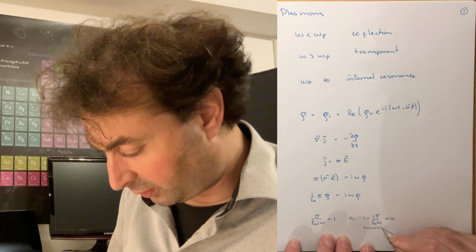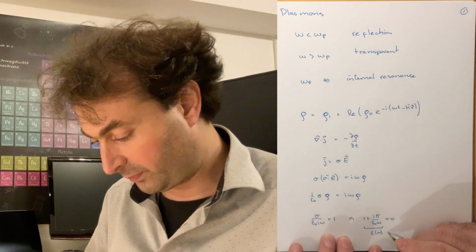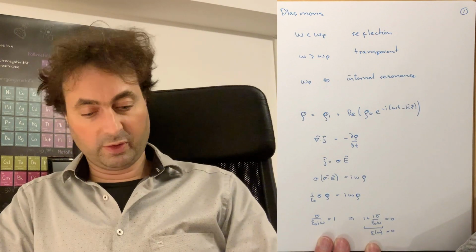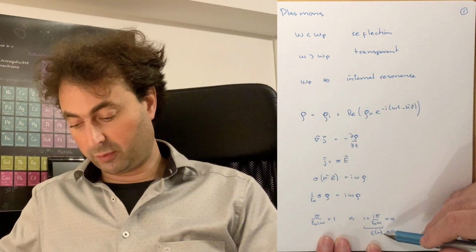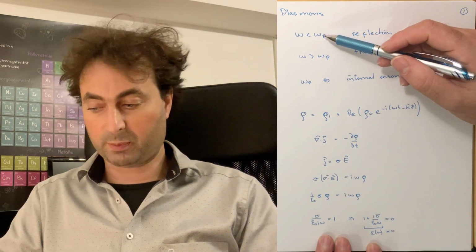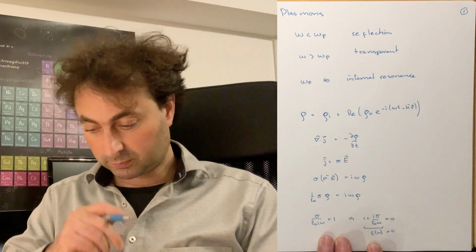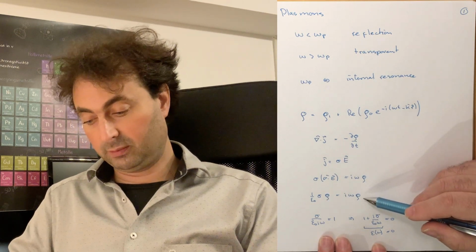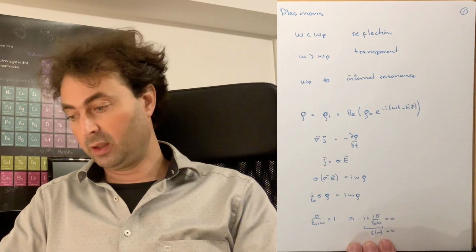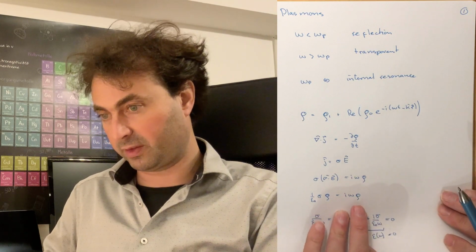And what we have here on the left is exactly our dielectric constant, epsilon of omega, which has to be 0. So we find that whenever epsilon of omega is 0, which is exactly the boundary where epsilon becomes larger or smaller than 0, we have a solution for a charge density wave in our material. So that's the resonance that you have at the plasma frequency.